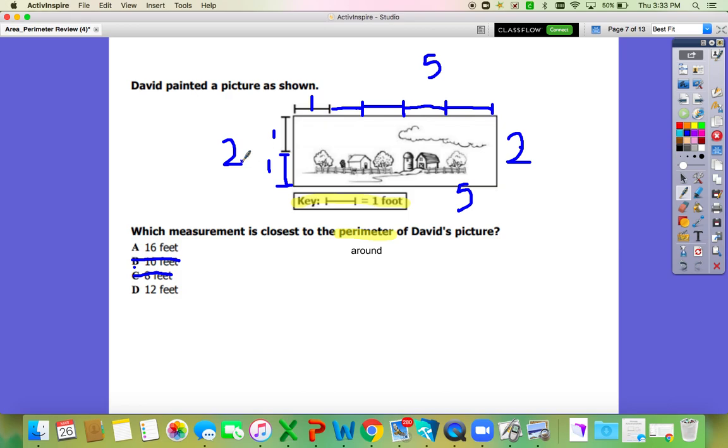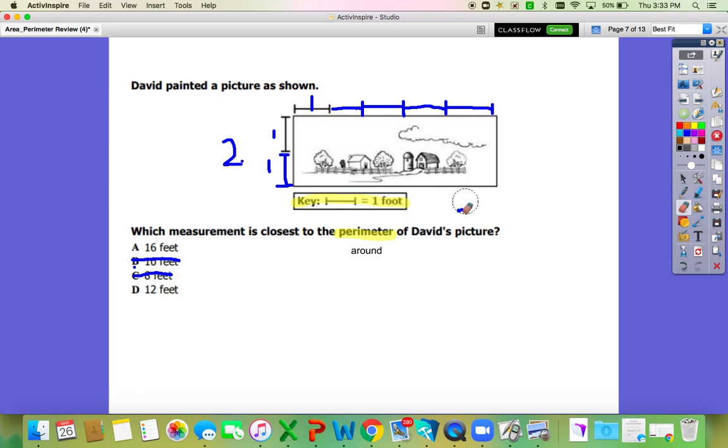I thought I did it right, but 14 isn't an answer choice. Ooh, if I notice, does this one look equal to this one? No, I made mine right here too big, so I can't be right. Let's take them off.